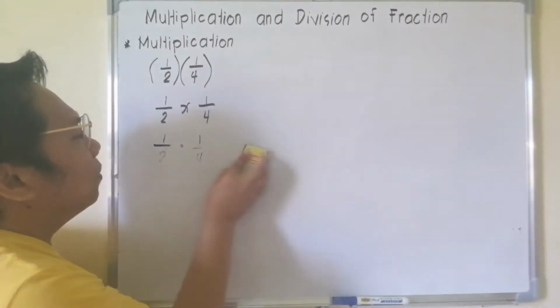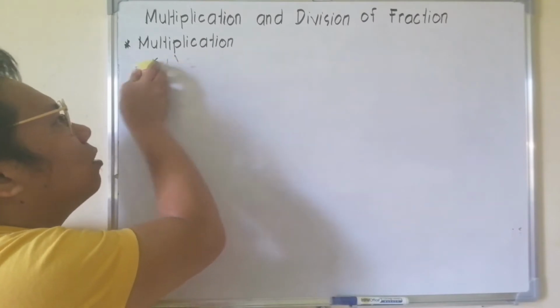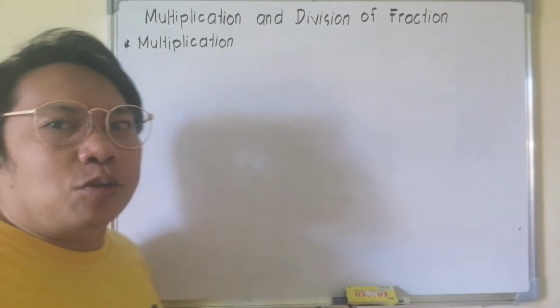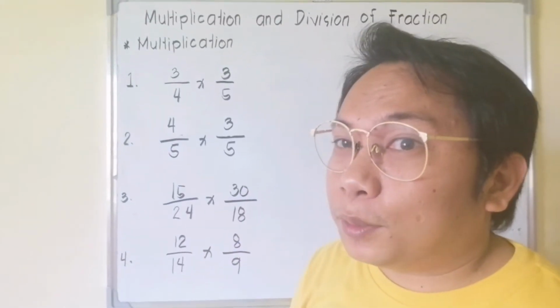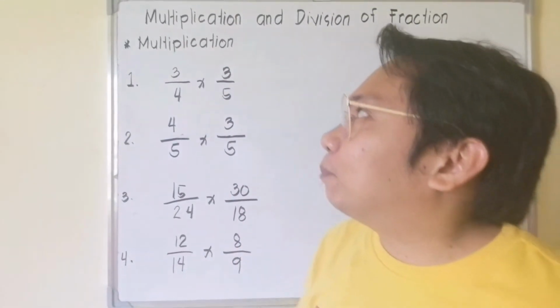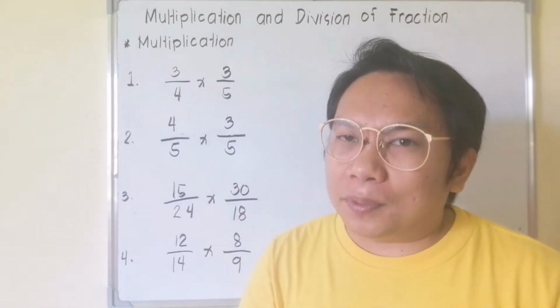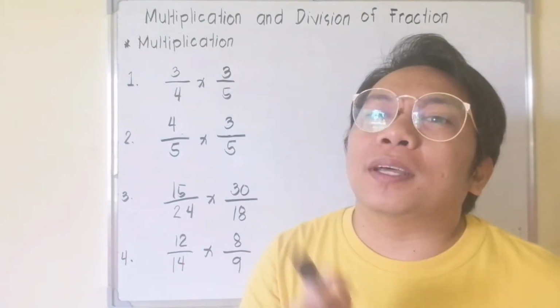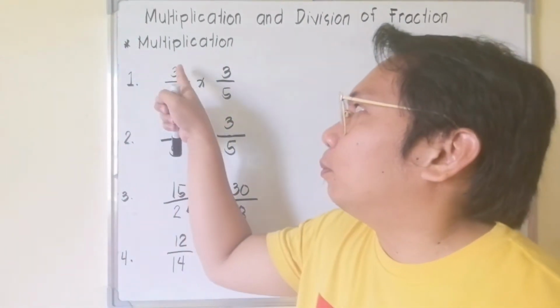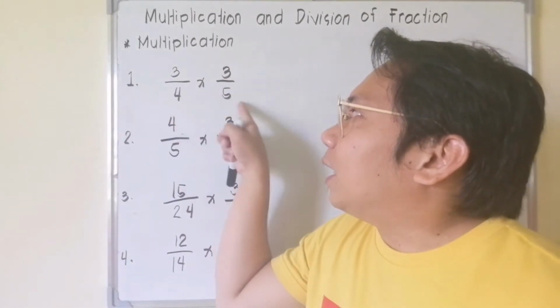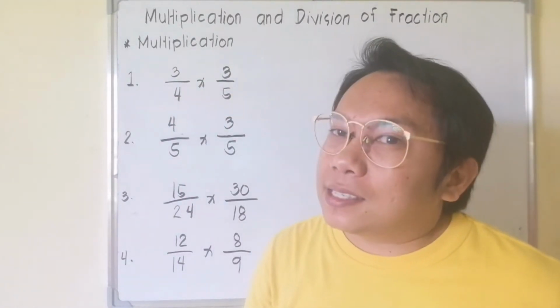So, let's start now with multiplication on fractions. Let's take a look at the following example. To multiply fractions, you just simply multiply the numerator, multiply the denominator. So, i-multiply yung nasa taas, i-multiply din yung nasa baba.